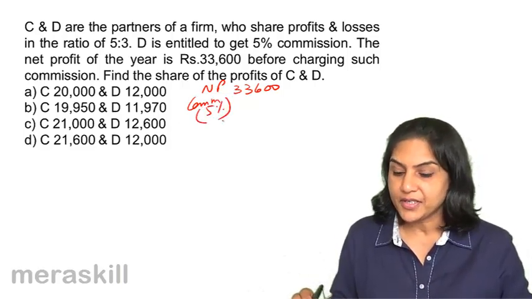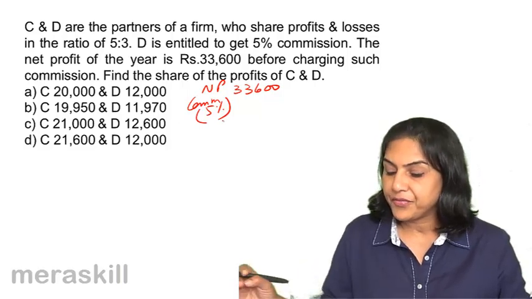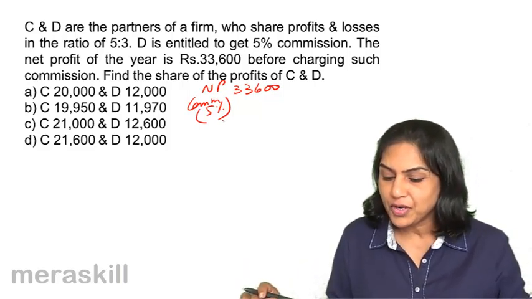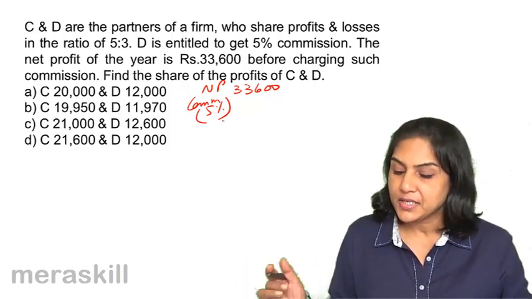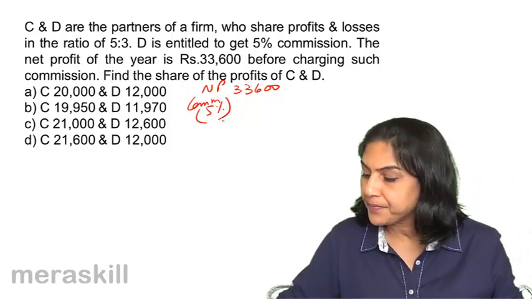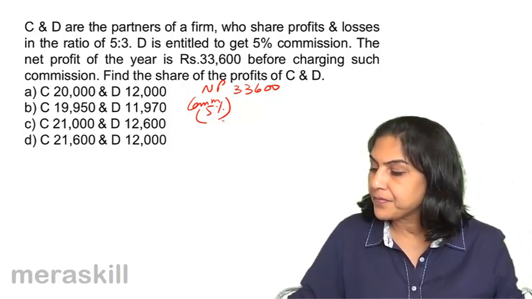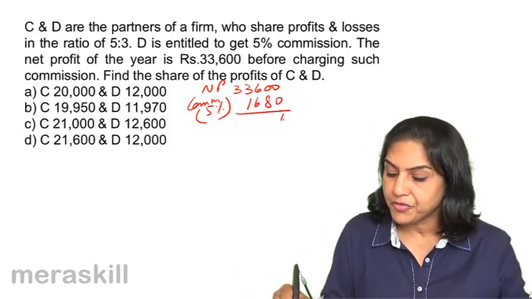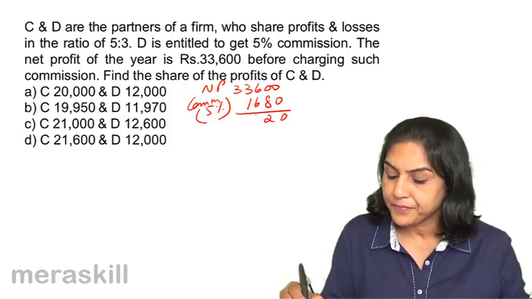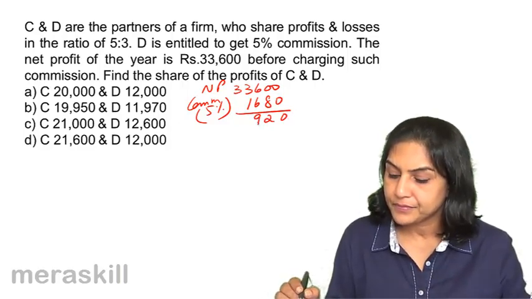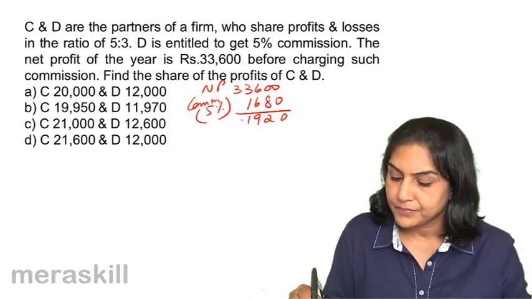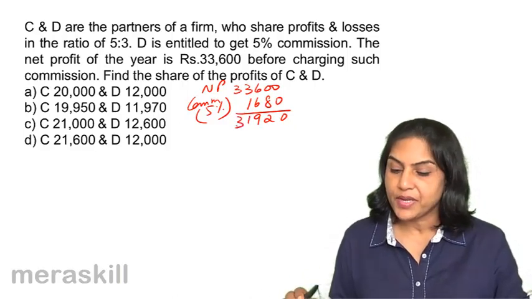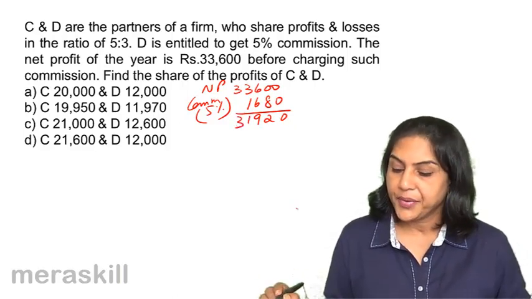Net profit 33,600. We get a commission of 5%. So that should be 1,680. So now what is the profit we have? 31,920.